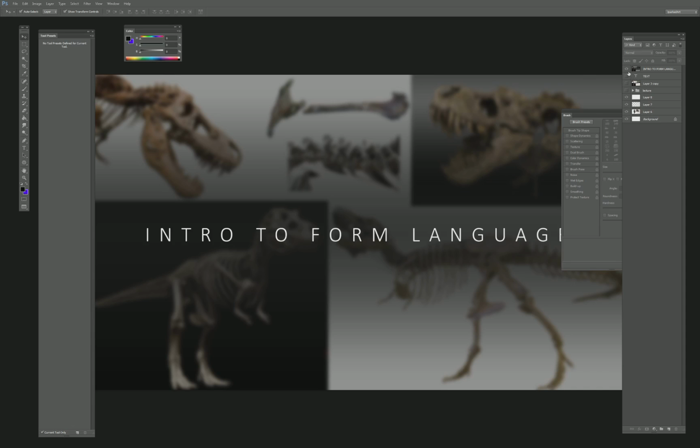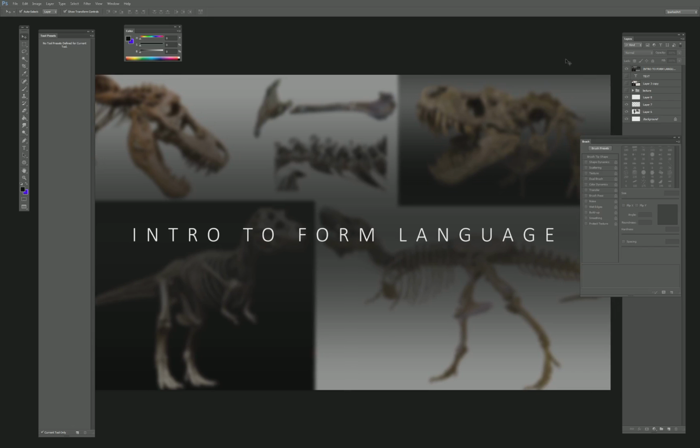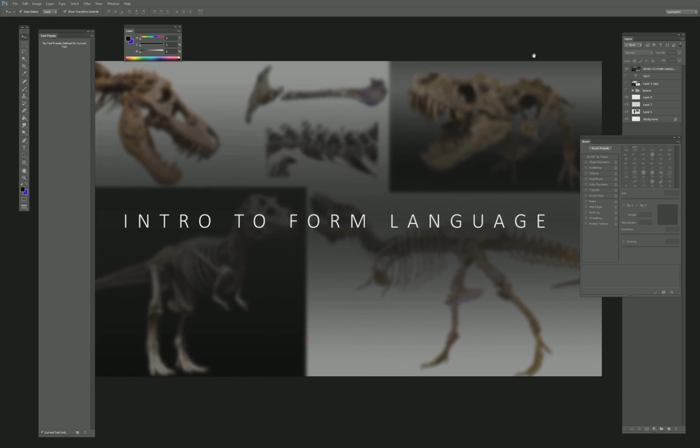So typically, form language is a term that's been used and thrown around in the design community. And I guess the question is, what is form language, right? Because it's something that's not common to your average person, and it's such a conceptual term that's used as a designer or an illustrator.